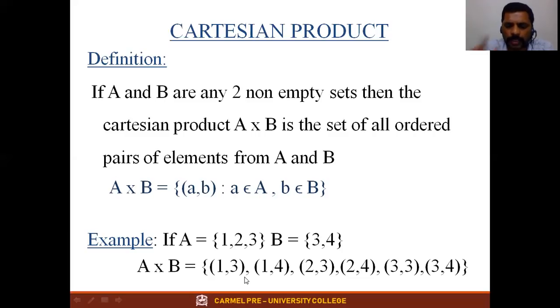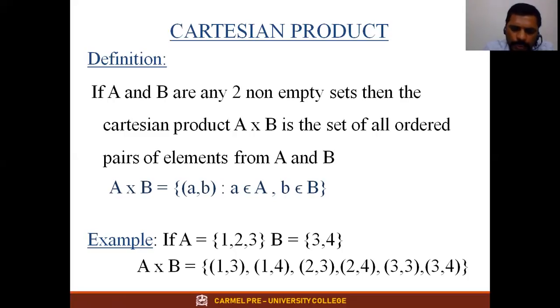Now I should not repeat, you know in set theory there are no repetitions. Now with this 1, I'll take the element 4. Is there any element which is not paired with 1? 3 is there, 4 is there, we are done. So for the element 1, we have paired with all the elements of set B. No more elements of set B are left out.